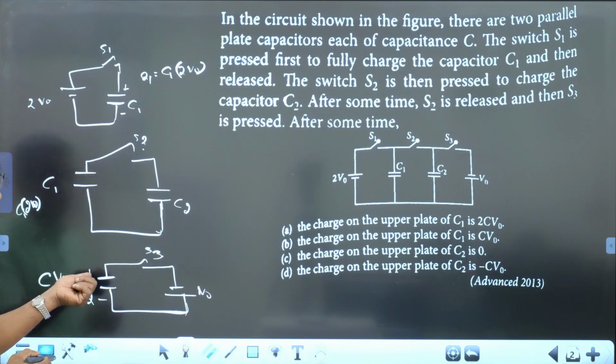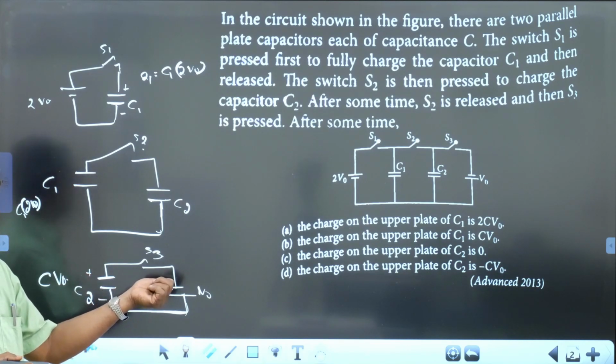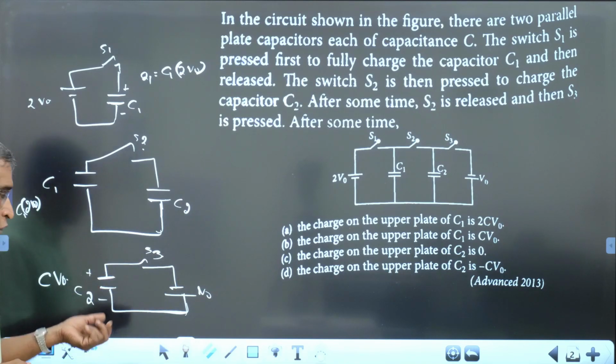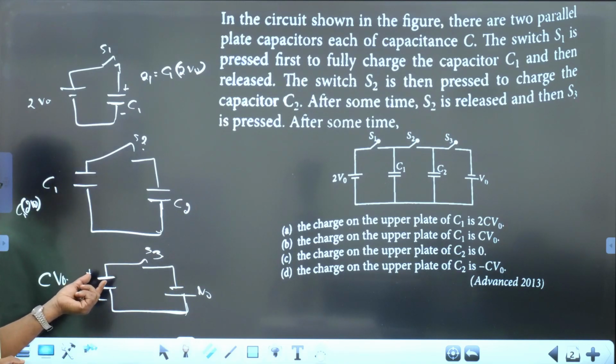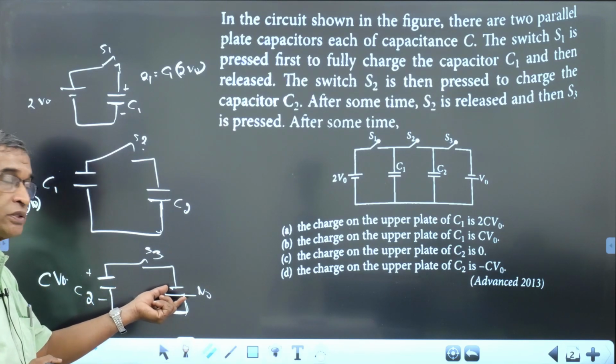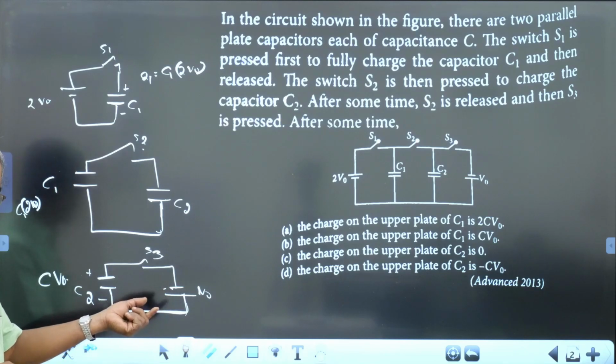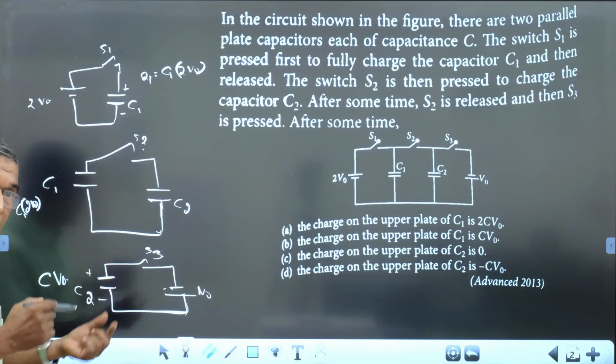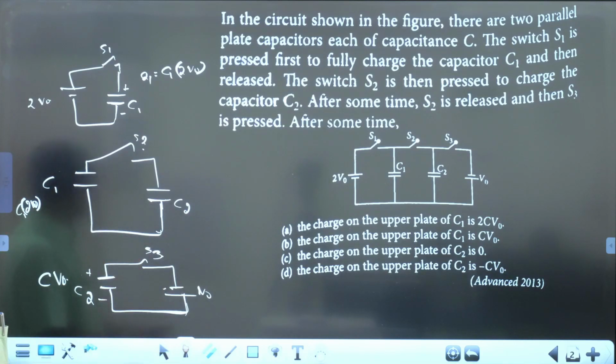Since it is a positive charge connected to this negative electrode, first of all, whatever charge is stored here, equal to CV0, will be cancelled out by this source, and the source drives the charge in its respective direction so that this capacitor gets charged again, with the same charge but opposite polarity.